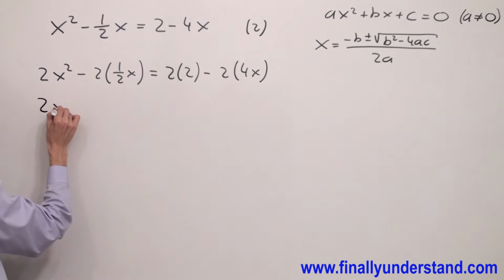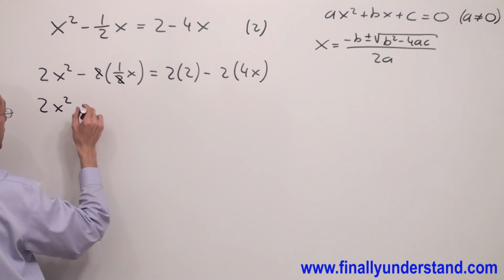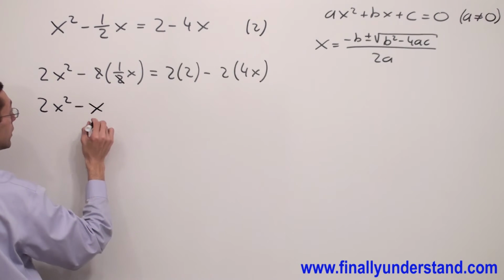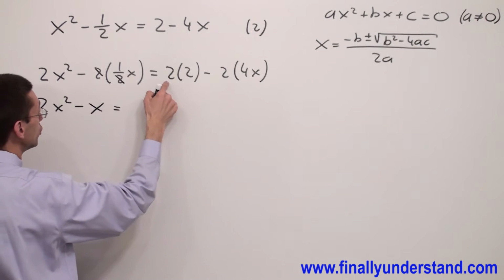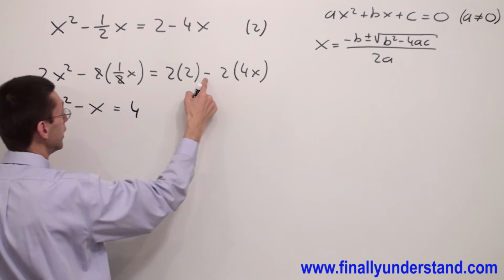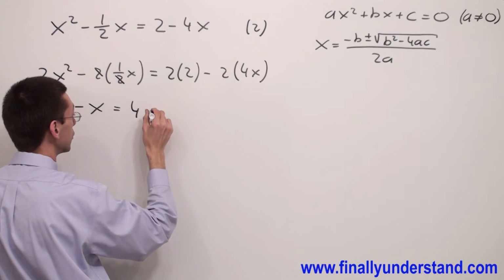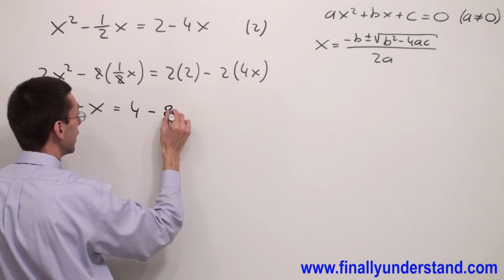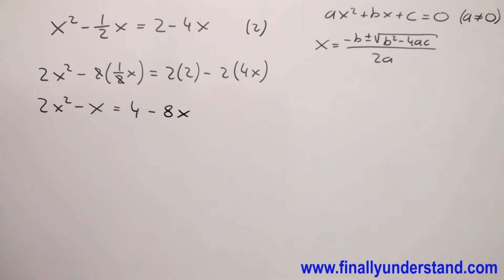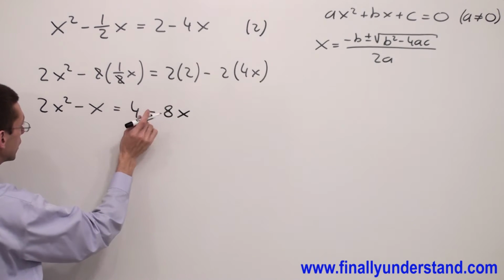Copy down 2x squared. 2 and 2 will cancel out, and we will end up only with negative x equals 2 times 2 is equal to 4. Negative 2 times 4 is 8. So I'm going to have negative 8x.